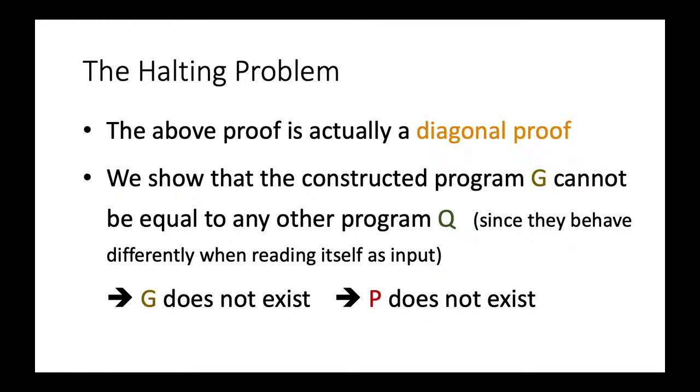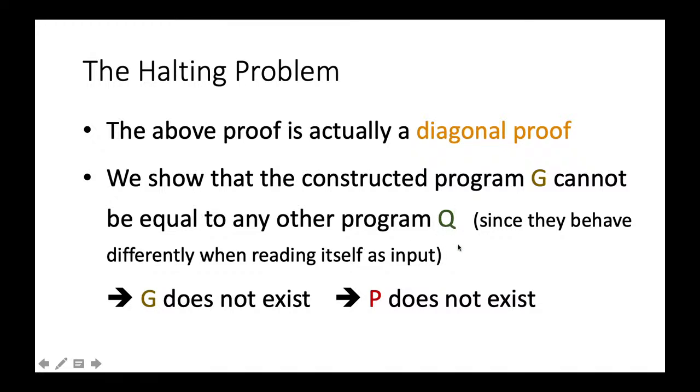If we look at it carefully, this proof is actually a diagonal proof. Where is the diagonal? What we have just constructed is a program G that cannot be equal to any other program Q. The reason is that G and Q will behave differently.